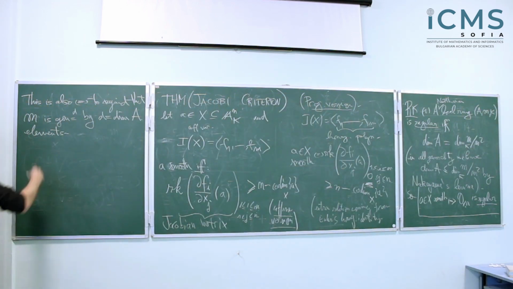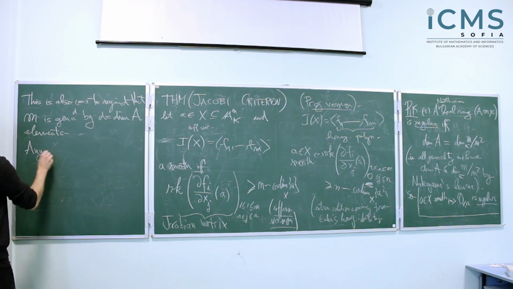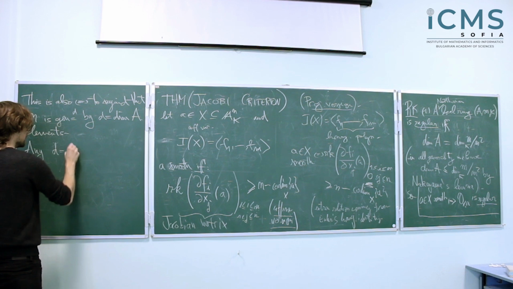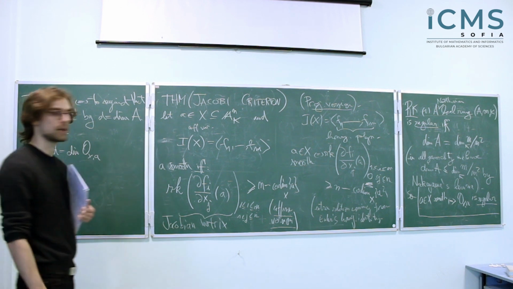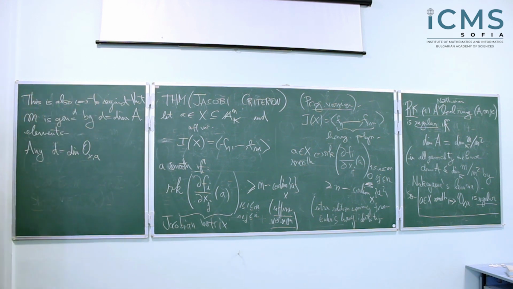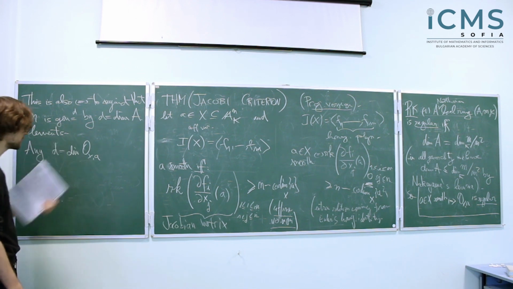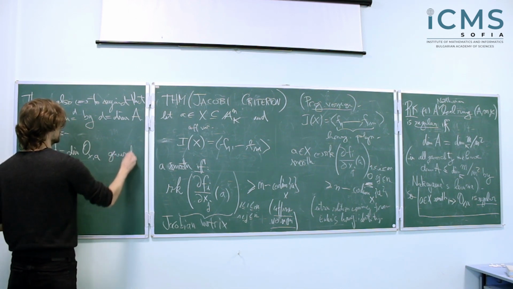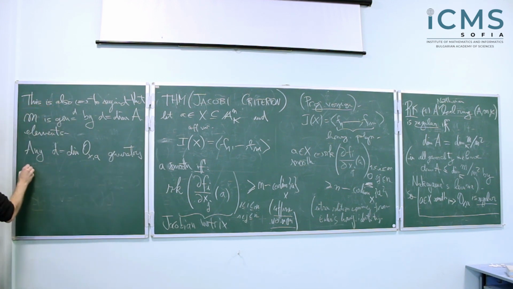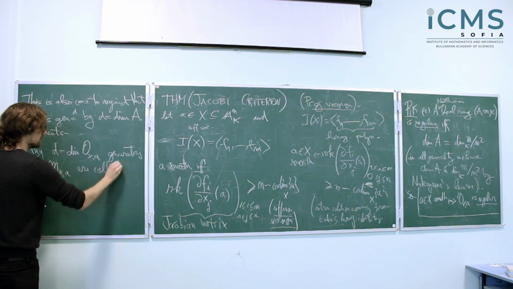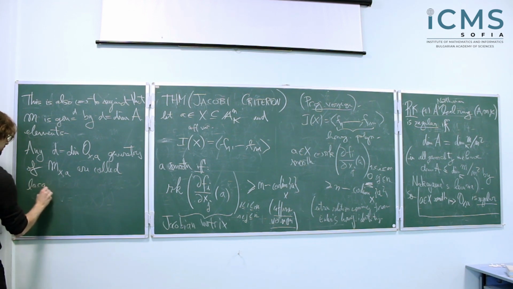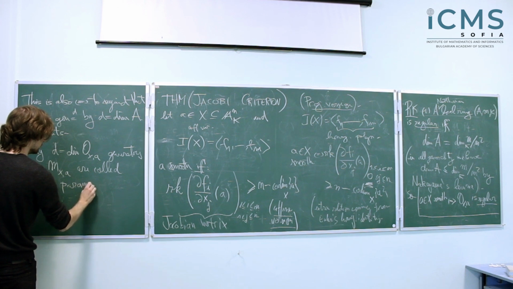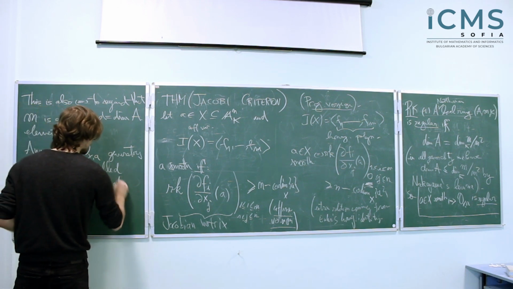So, like that, and we say that any D, if I now take the geometric equivalent of this, if I take any D generators inside the local ring of a point, any D generators of the maximal ideal are called, so what was my terminology? Local parameters at A.